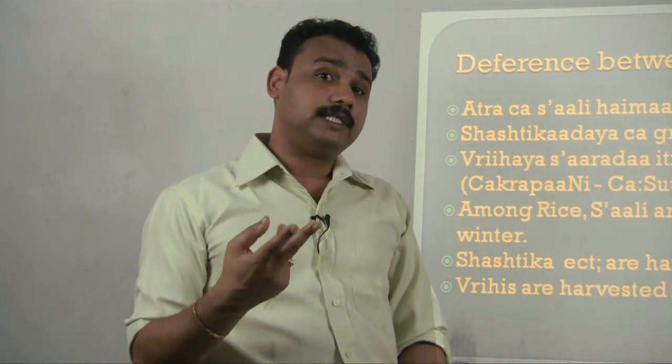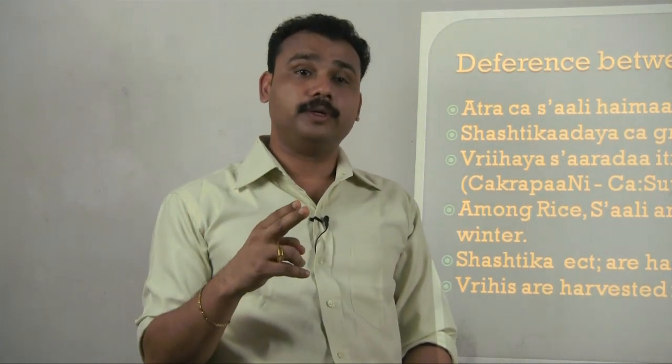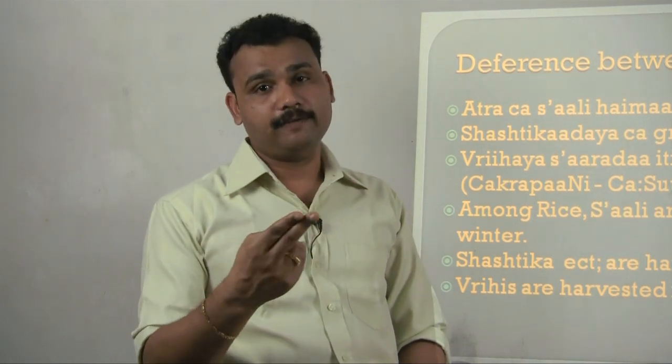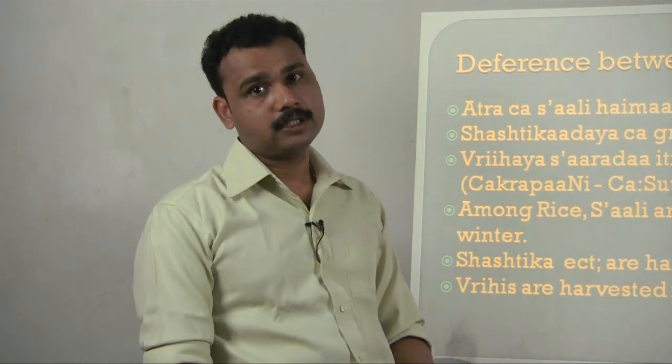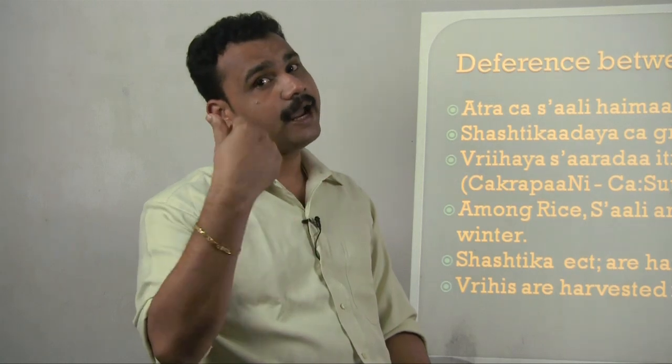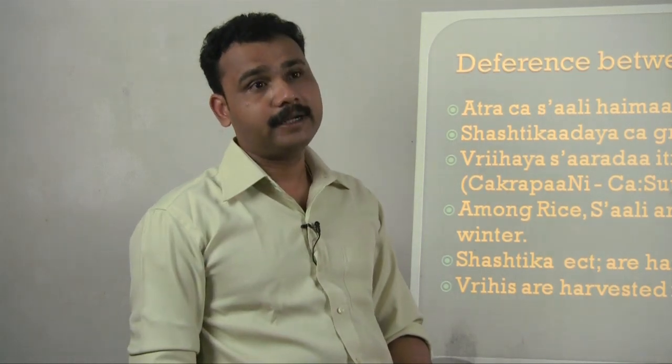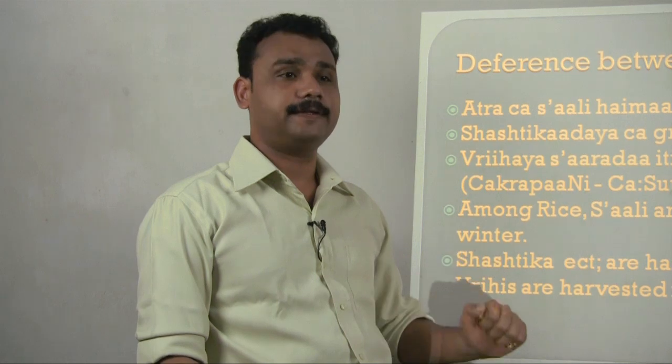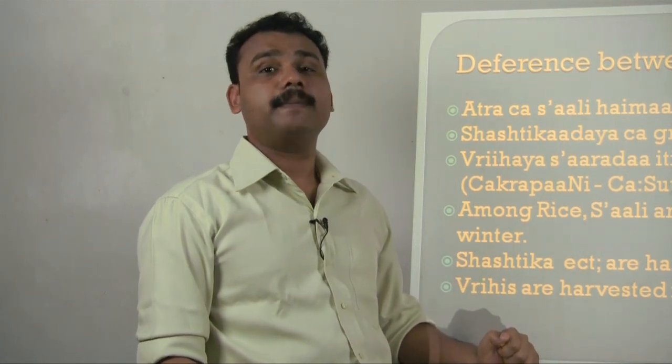And Chakrabani makes another subgroup, Shashtika, which we will see. It comes under the Vrihi itself, but it is harvested earlier, in summer.